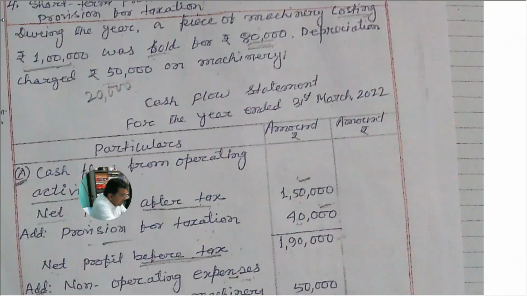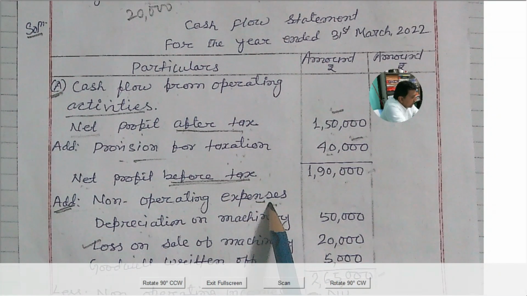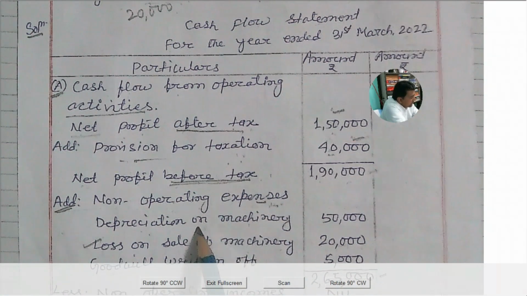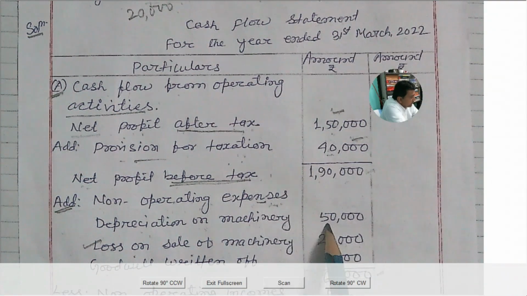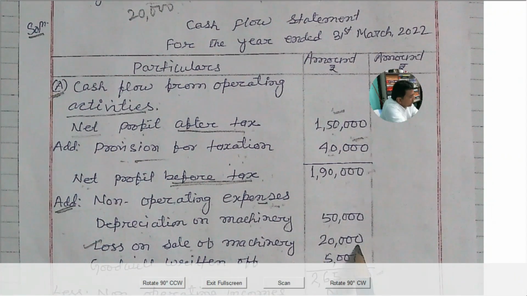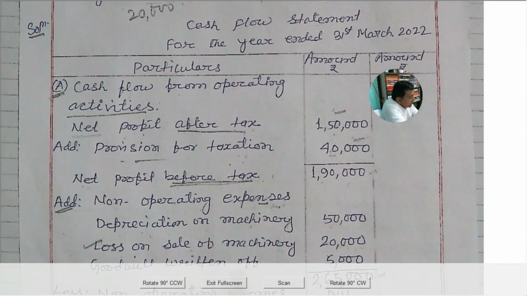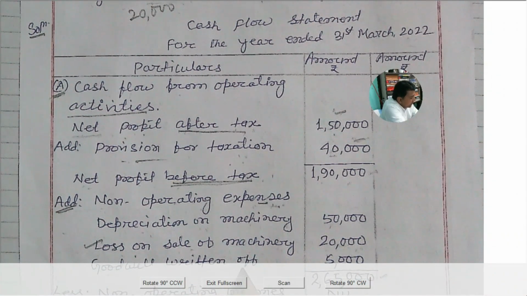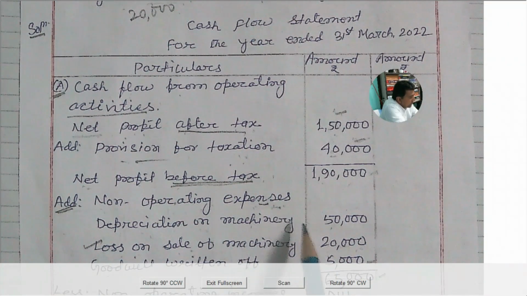Then the next step is non-operating expenses. Depreciation on machinery is given as 50,000 rupees, and I already told you the loss on sale of machinery, 20,000, and goodwill written off, which I explained in the question, is 5,000. So these are the non-operating expenses or non-cash items.